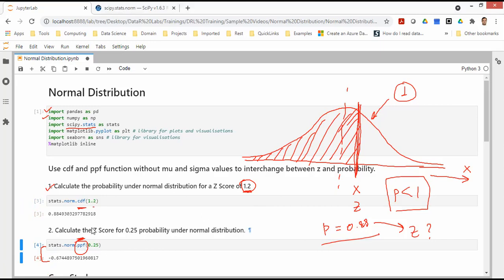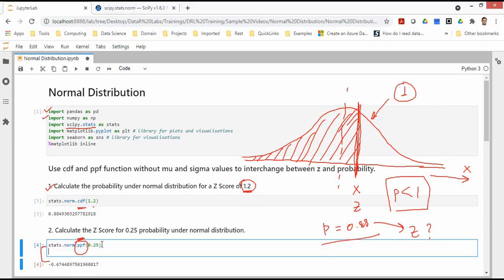Now let me just check my answer for this 1.2 z-score. So if I give a probability of 0.88 to the function PPF, it should return back 1.2. So let me use this function once again, and let me give the value of 0.8849, and let me see if I get a z-score of 1.2.